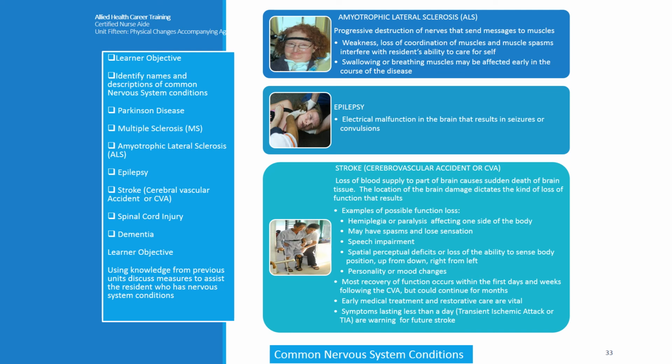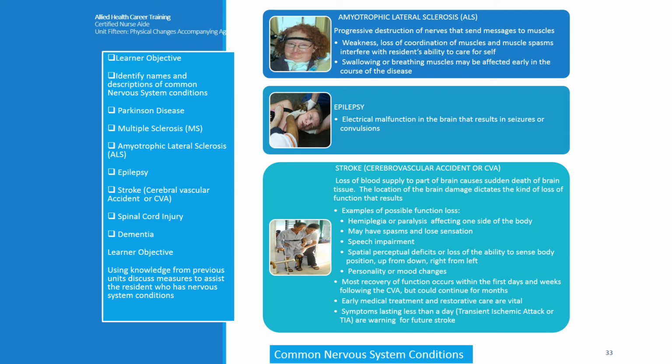So we have another condition where the symptoms will last less than a day, and that's called a transient ischemic attack or a TIA. However, this does not mean somebody's out of the woods if they have a TIA. People that have TIAs and start having more TIAs, these are warnings for a future stroke or CVA.